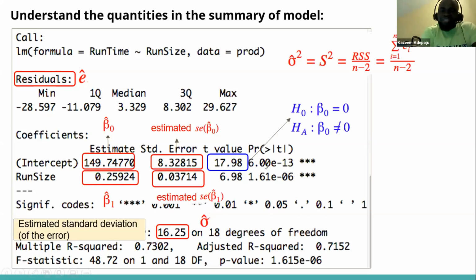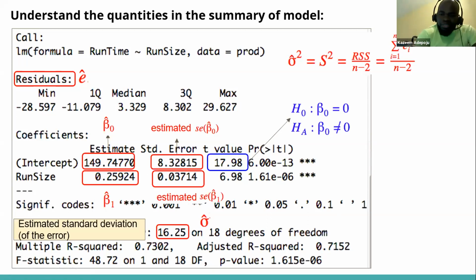When this value is less than 0.05, we're going to reject the null hypothesis. Rejecting the null hypothesis is telling you that the intercept is significantly different from zero, which means the intercept actually contributes to this model.